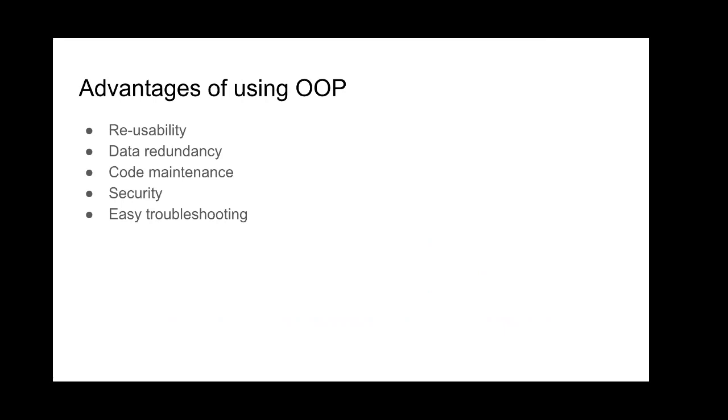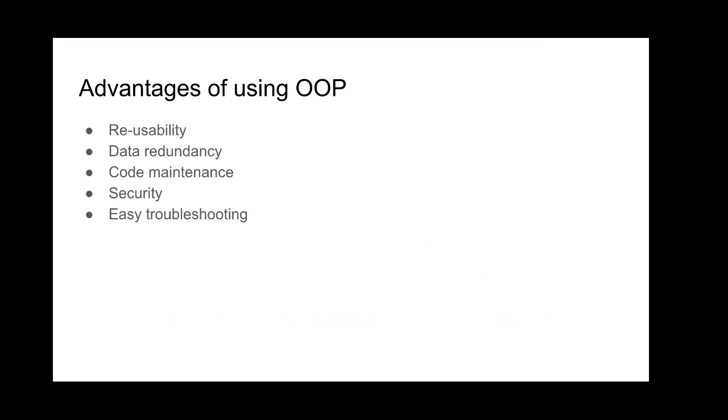Code maintenance. You could do any updates or modifications on the class itself instead of having to change it in multiple places if you were using the basic coding method. Security. You can hide the working and any sensitive data by using classes and objects in your program. Easy troubleshooting.